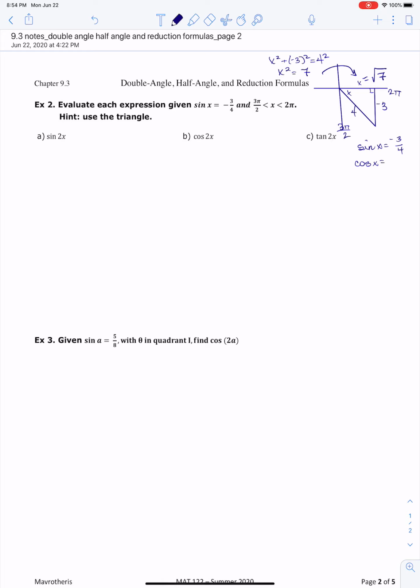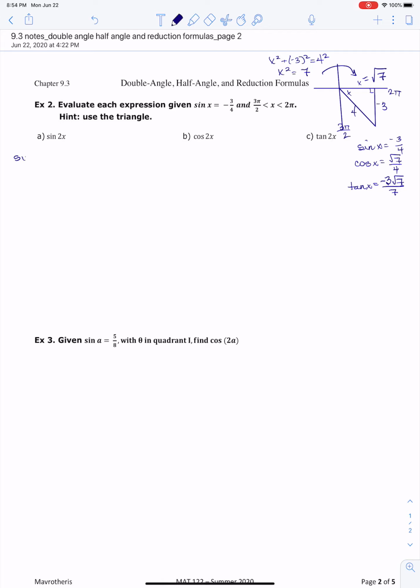Sine of x is negative 3 over 4. We already had that. Cosine of x is the square root of 7 over 4. And then the tangent of x is going to be negative 3 over the square root of 7. We don't like having that radical in the denominator, so we're going to rationalize the denominator. And we get a tangent that is negative 3 square roots of 7 over 7.